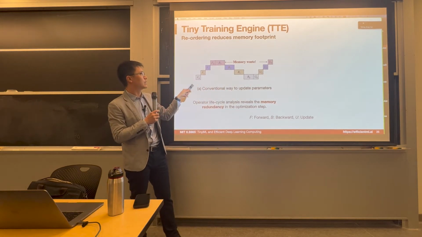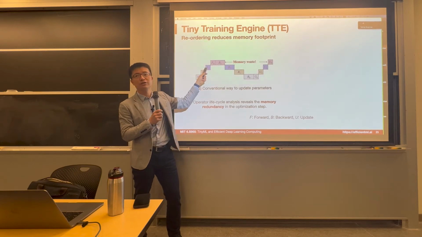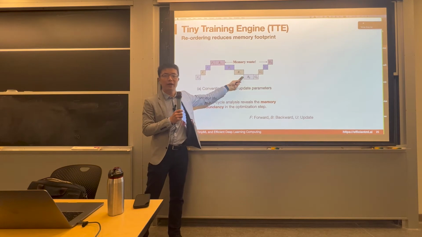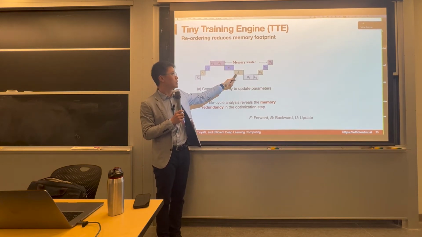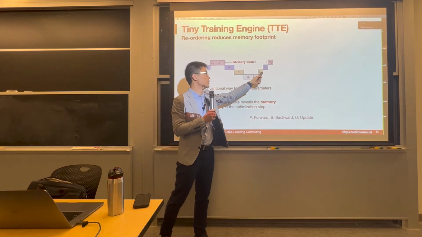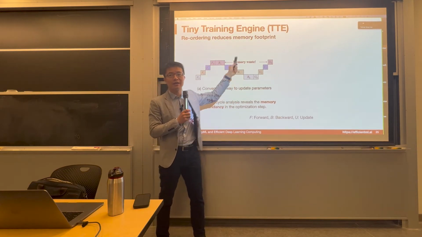In the conventional way to update the parameters, we calculate different layers, layer 0, 1, 2, 3, and then we calculate the backward, get the gradient for layer 3, layer 2, layer 1, layer 0. And then we update layer 0, layer 1, layer 2, layer 3, right? So we form this zigzag pattern, right?